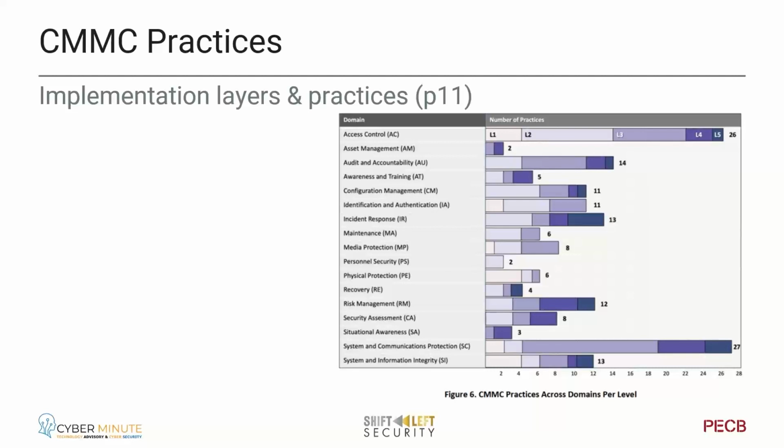If you look, for example, at another maturity model, like the one from the Center for Internet Security, CIS, they define only about 20 controls, and they don't look at situational awareness or physical protection or media protection or maintenance. So there is an overlap, but there are also some gaps.